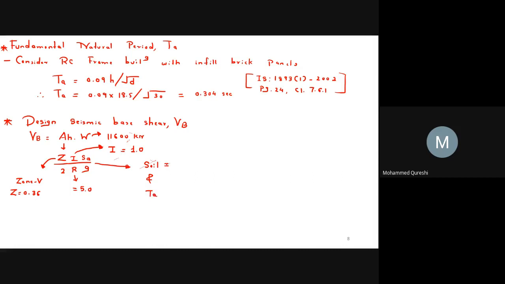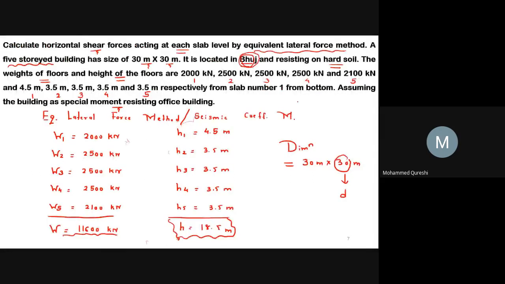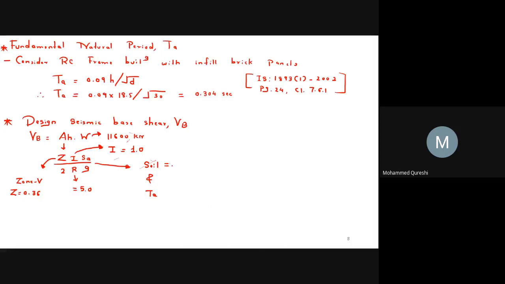As the type of soil in the given data is hard soil, hence for hard soil and TA equals 0.304 second, you will get the value of SA by G as 2.50.